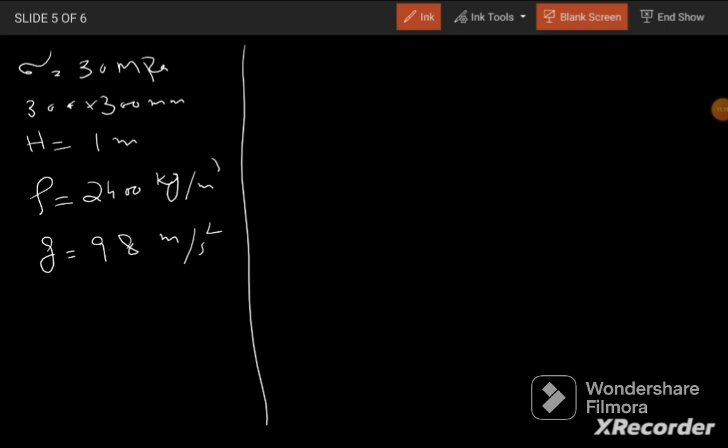So if we are using a basic unit system as ton, millimeter and second, in that case our stress will be the same in megapascal, Newton per millimeter square. So it will be 30 megapascal, and we will substitute as it is.